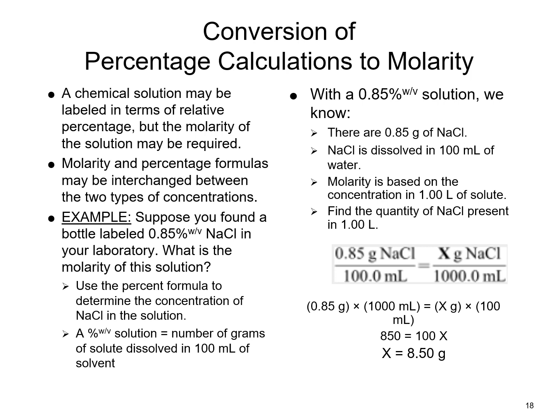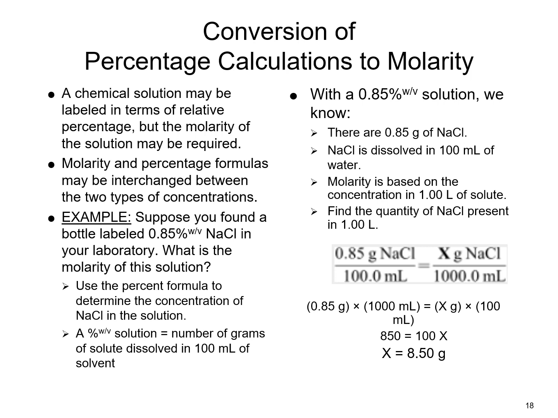The percent weight per volume solution is calculated by the number of grams of solute that are dissolved in 100 mLs of solvent. As we have it marked as a 0.85% weight per volume solution, we know that there are 0.85 grams of sodium chloride dissolved in 100 mLs of water.